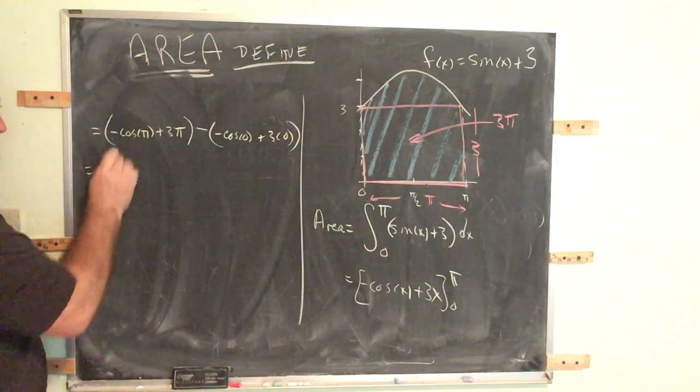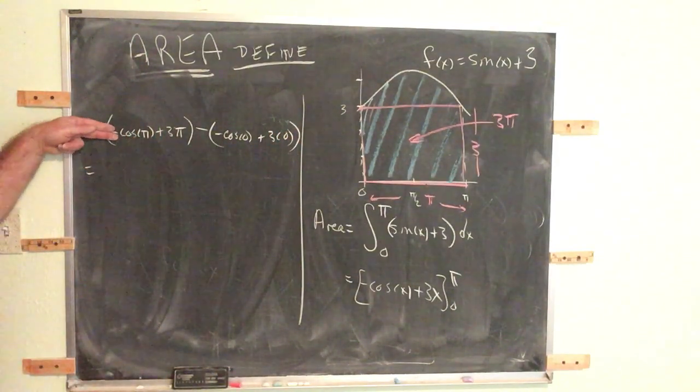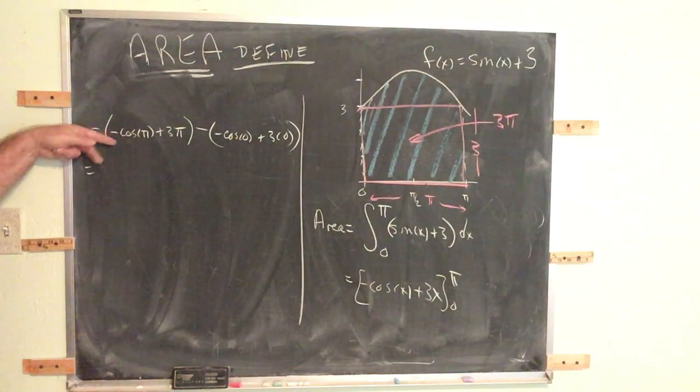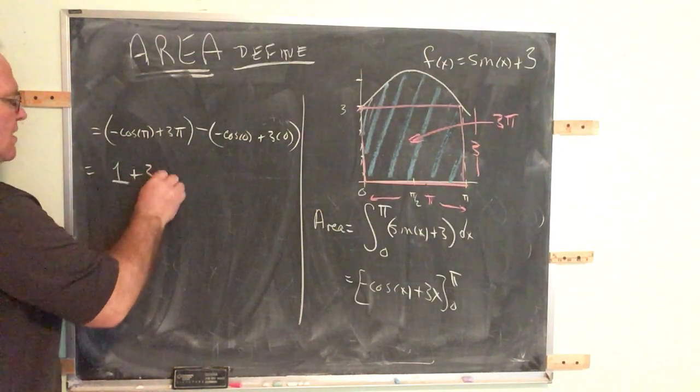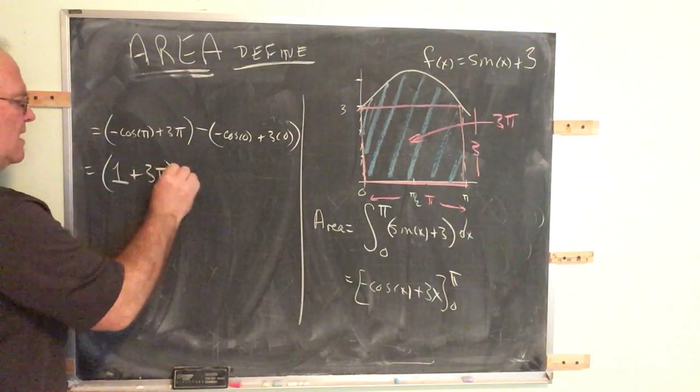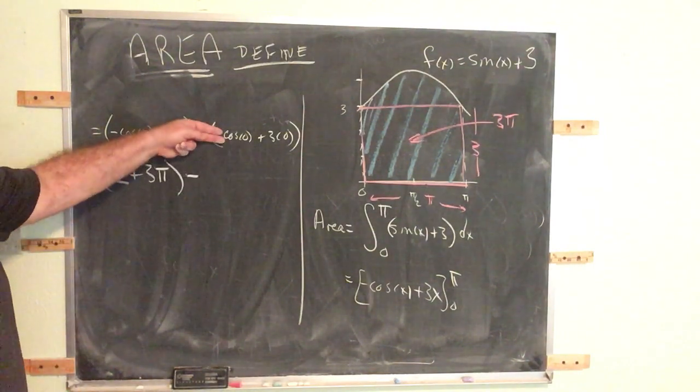So what do we get out of that mess? Cosine of pi is negative 1, so negative negative 1, that's 1, plus 3 pi, minus cosine of 0. What's cosine of 0?